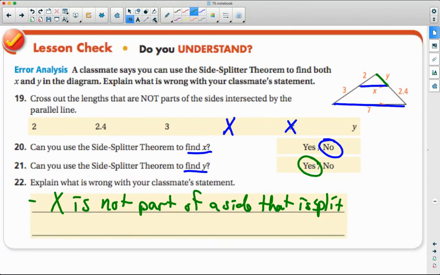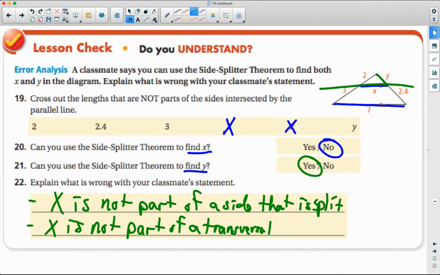The other way to think about it is that x is not part of a transversal, right? If these are my two parallel lines and this is my transversal, y is part of the transversal. X is part of the parallel line. So that's the other way to look at it.